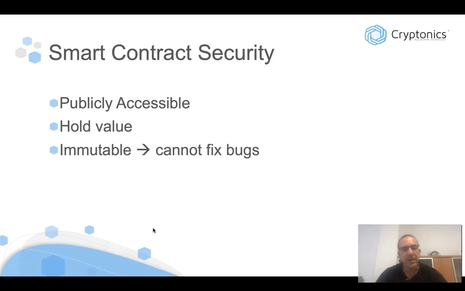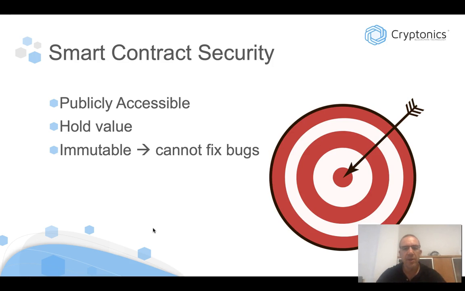But it also means that it's very difficult to fix bugs, as the only way to do this is to redeploy a new version of the smart contract to a different address. And that's not always possible, for example with a token that is already in use. So these properties combined make them very useful for certain applications, but they also make them a big target for cyber security criminals or bad actors.